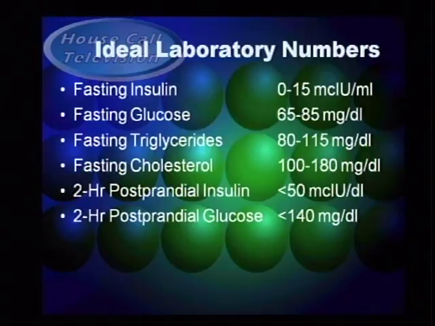And so fasting insulin should be between 0 and 115, fasting glucose between 65 and 85, fasting triglycerides between 80 and 115, fasting cholesterol, and we do all of our cholesterols on fasting. Matter of fact, we do all of our lab scans on fasting between 100 and 180, and the 2-hour postprandial insulin should be lower than 50, and the 2-hour postprandial glucose should be below 140.